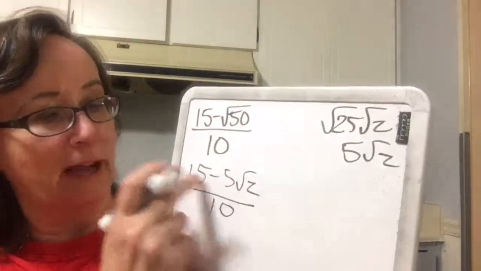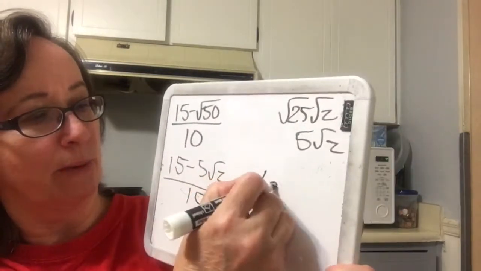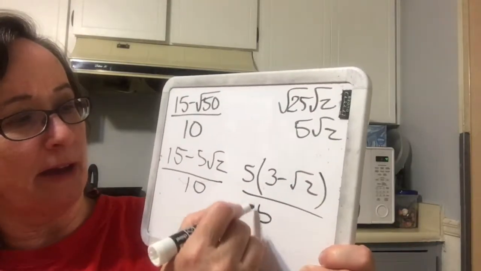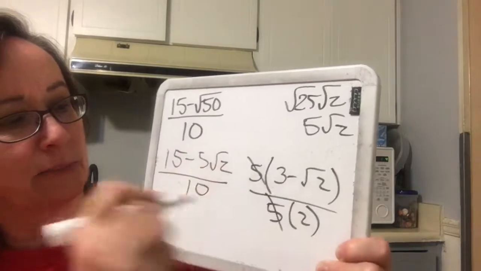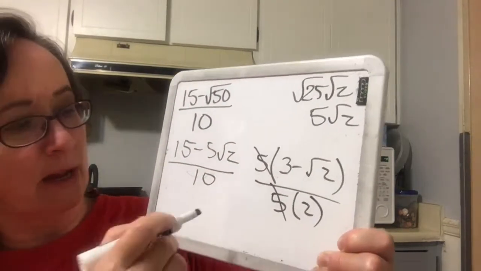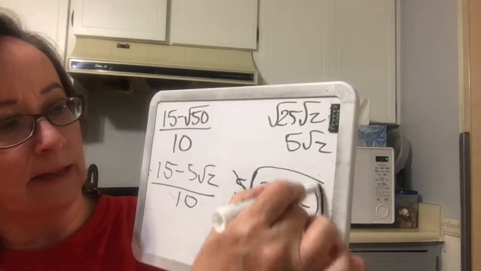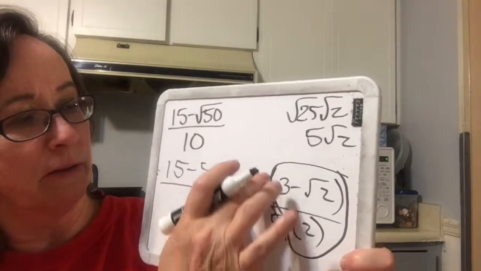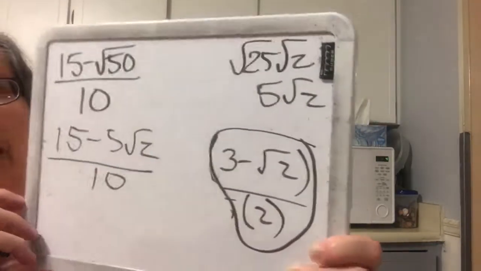So we're going to factor a 5 out of the numerator and get 3 minus square root of 2 left over. We're going to factor a 5 out of the denominator and get a 2 left over. These will cancel. So now we have this right here is our leftover 3 minus the square root of 2 over 2.